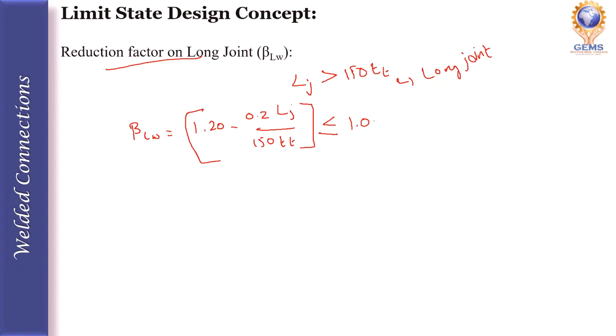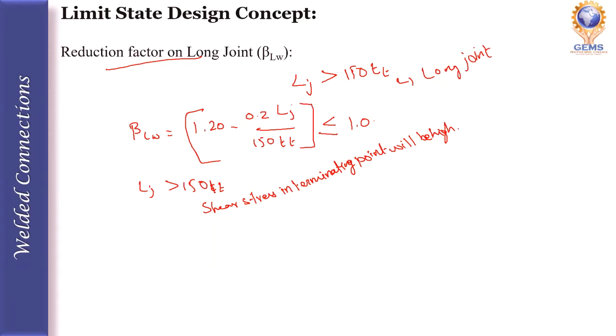If the joint length is greater than 150 times Tt, that is the effective throat thickness, we call it a long joint. Due to the long joint, the shear stress at the terminating point will be higher.